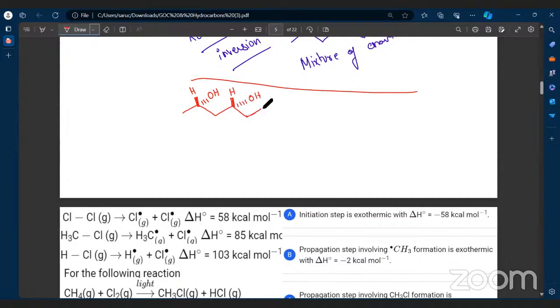This is one isomer. The other isomer is HOH, HOH. Now tell me whether 1 and 2 are enantiomers or diastereomers.